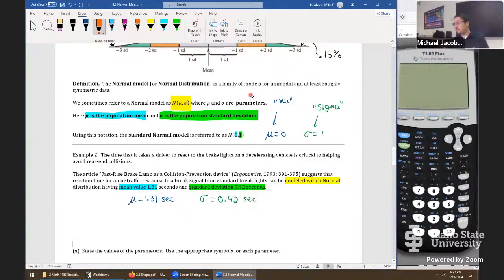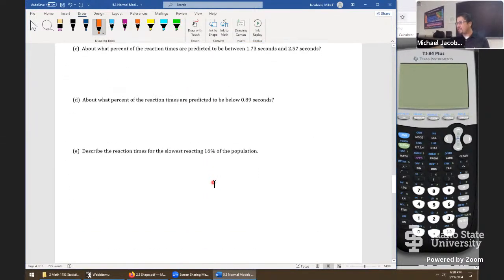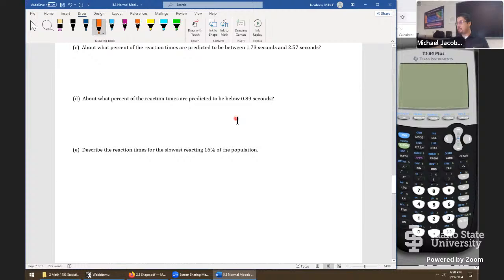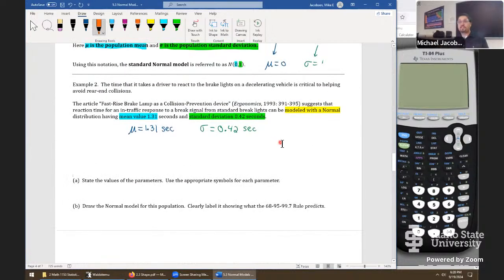The parameters describe a population, and a sample describes part of the population. Exactly. And we'll come back to that down here because that's honestly confusing. So we'll come back to statistic versus parameter and talk a little bit about census as well, because we've been doing this all along with sample data. Now we're dealing with the parameters instead.